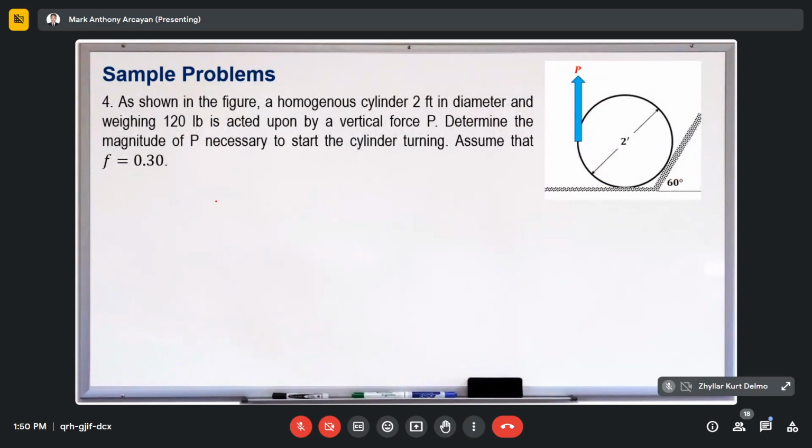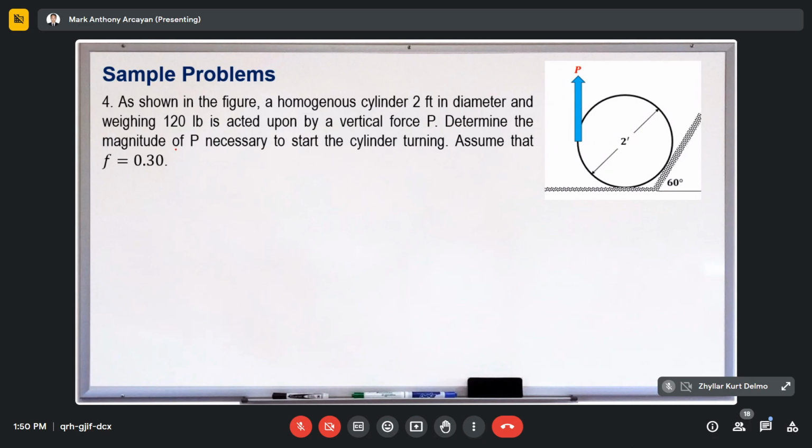So, naa ta diri another rigid body gihapon kay naa man siya dimension. So, as shown in the figure, a homogeneous cylinder 2 feet in diameter and weighing 120 pounds is acted upon by a vertical force P. So, kaning gi-indicate sa ato ang blue nga arrow.